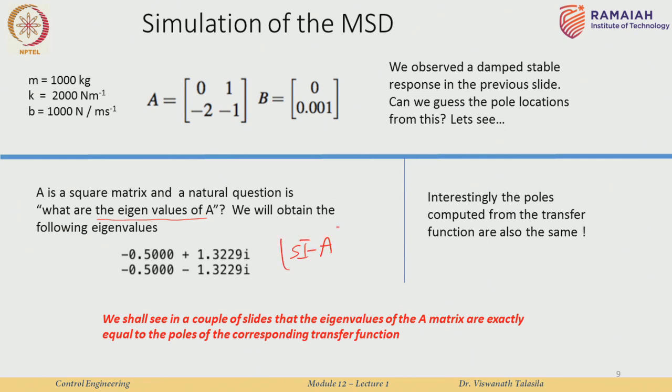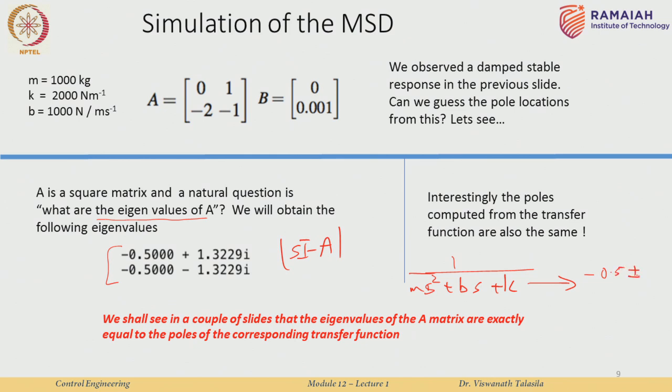You compute the determinant of sI minus A, and when you do this, you see that the eigenvalues are essentially this. And for the same system, if you look at the transfer function, which is 1 over ms square plus Bs plus k, and you compute the poles of this transfer function, you will get exactly the same values as the eigenvalues, okay.